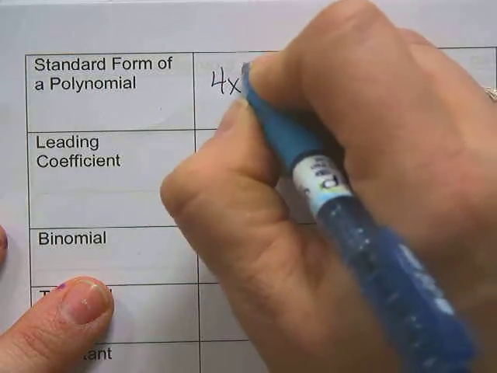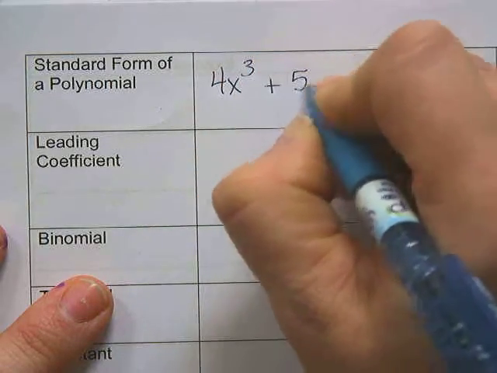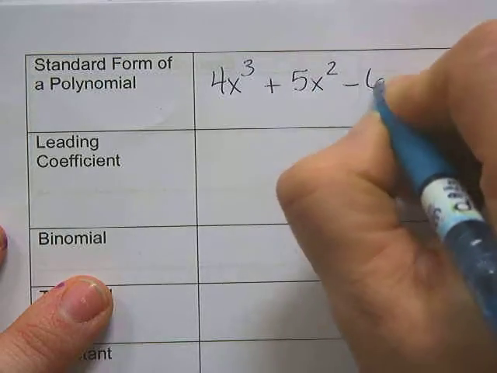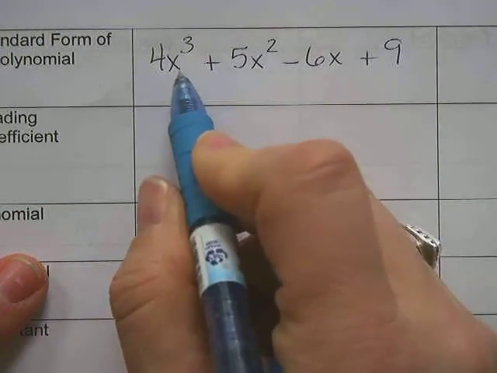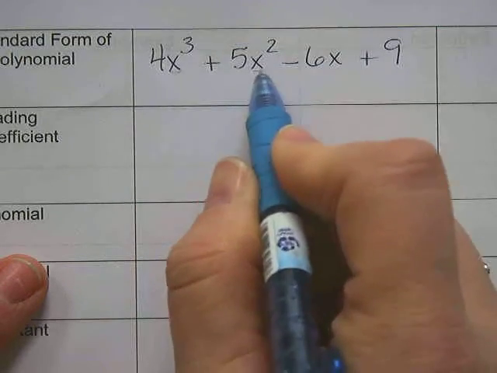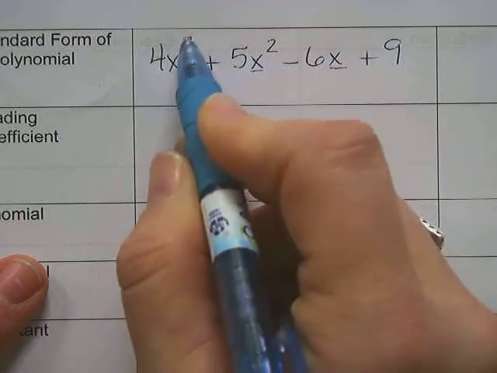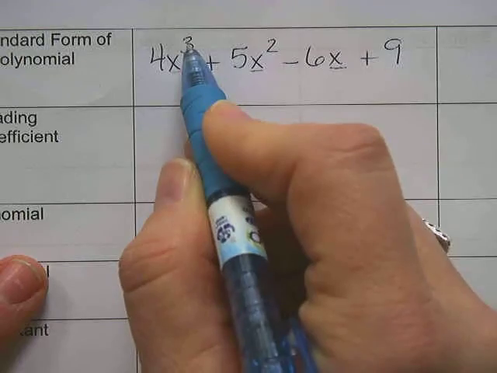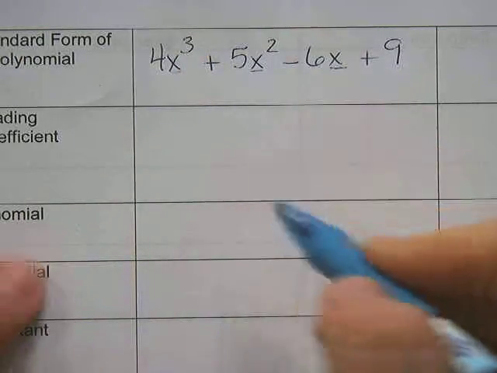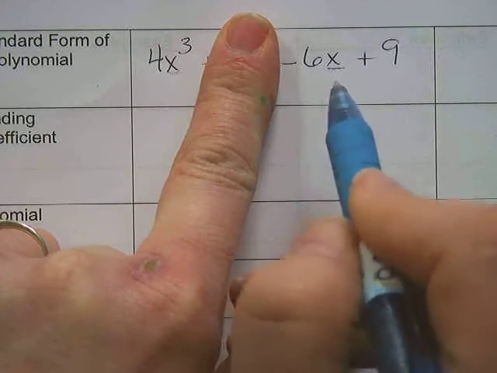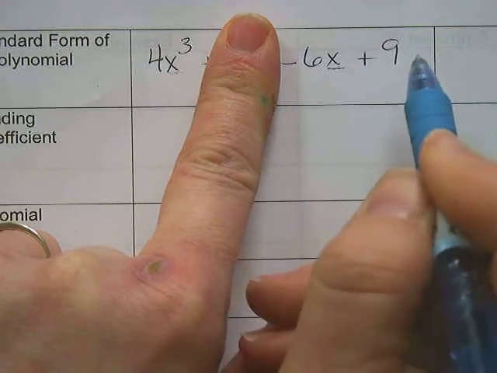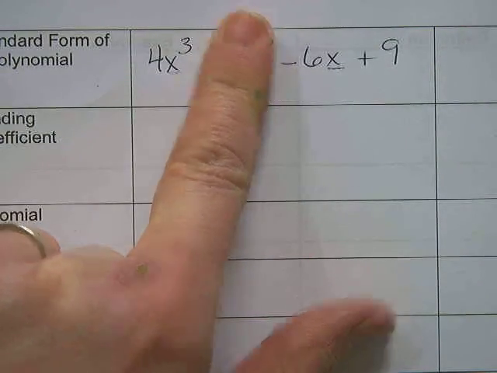So something like this would be considered in standard form. And this only applies when you have one variable. So here we've got all x's. We start with our highest power and then you decrease. Now if we didn't have this term here, this would still be in standard form because it's in decreasing order.